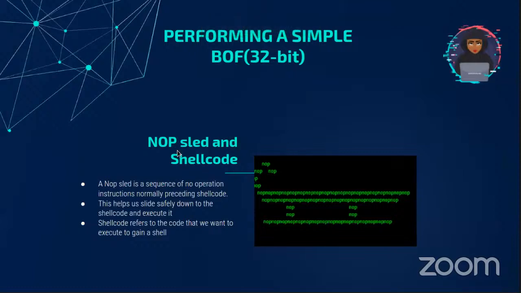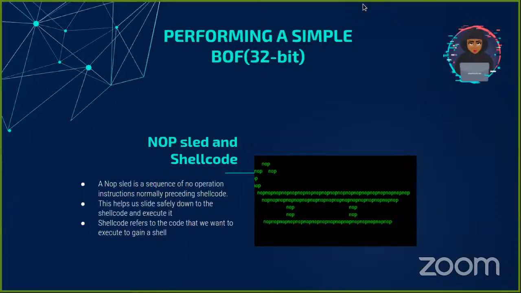A NOP sled is a kind of fail-safe method. NOP means no operation. If our program hits a no operation, it simply continues, sliding along the addresses in memory.